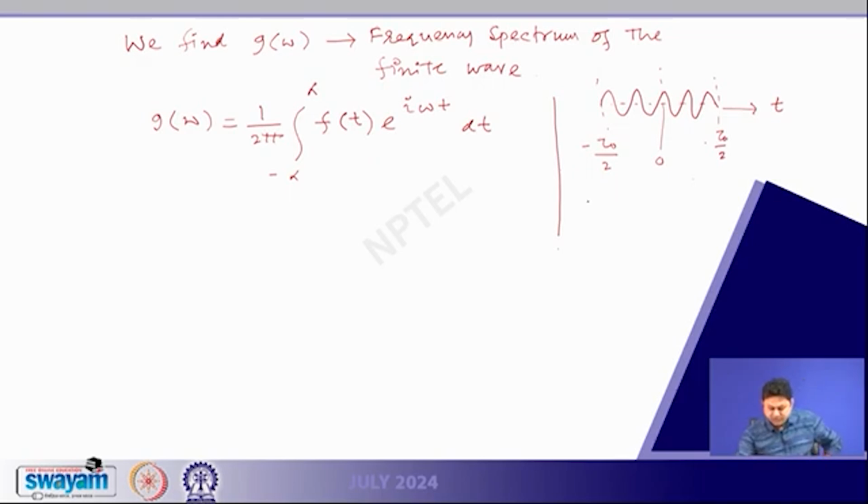So my function, let me write it down here, is f of t equal to e to the power of minus i omega naught t, that is the way we define it, for this time range, and 0 elsewhere.